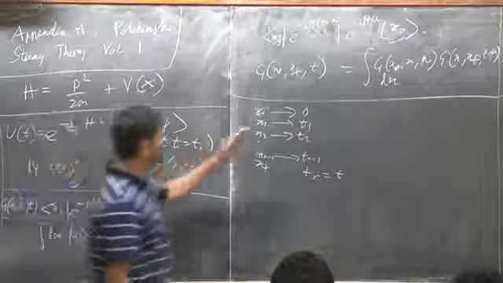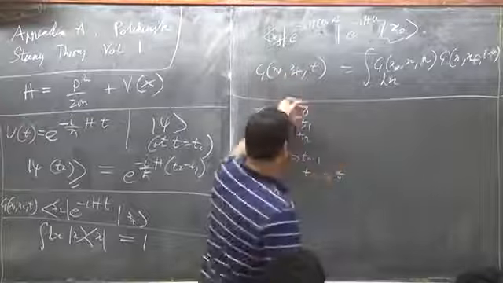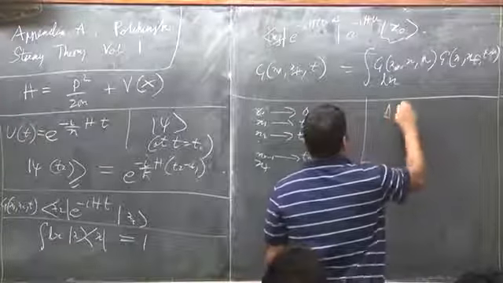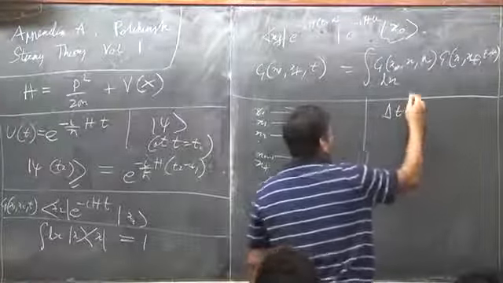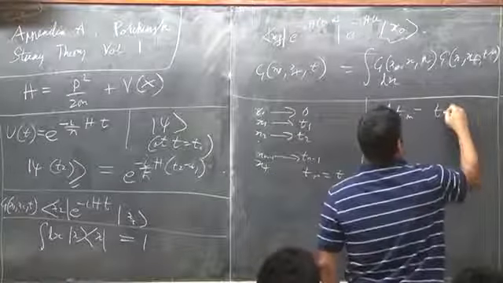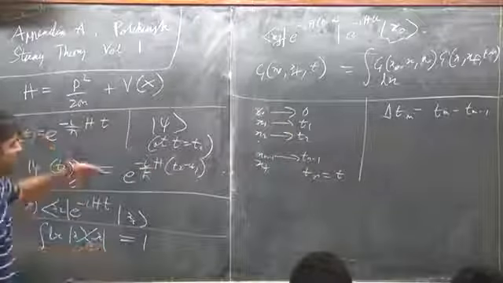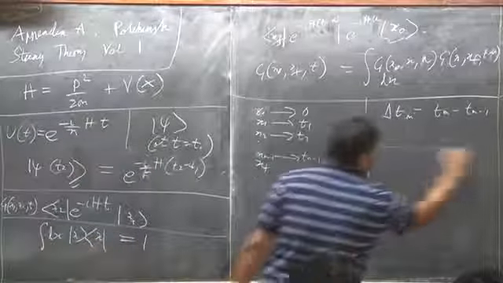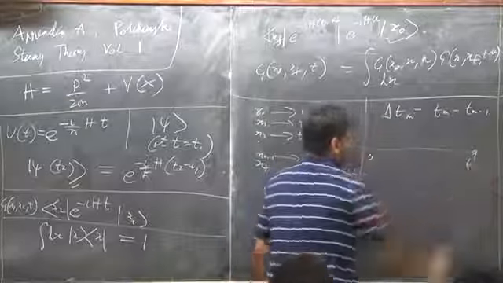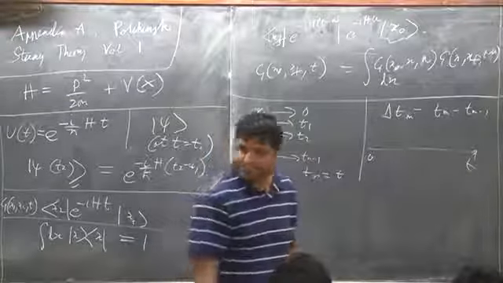So what we're going to do is break up this evolution operator, and we're going to use the notation delta tm is equal to tm minus t m minus 1. What we're doing is breaking up this entire interval from 0 to t into n different subparts.